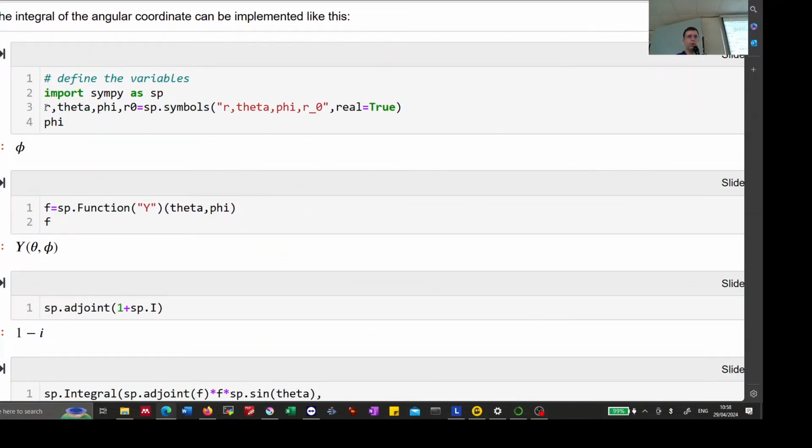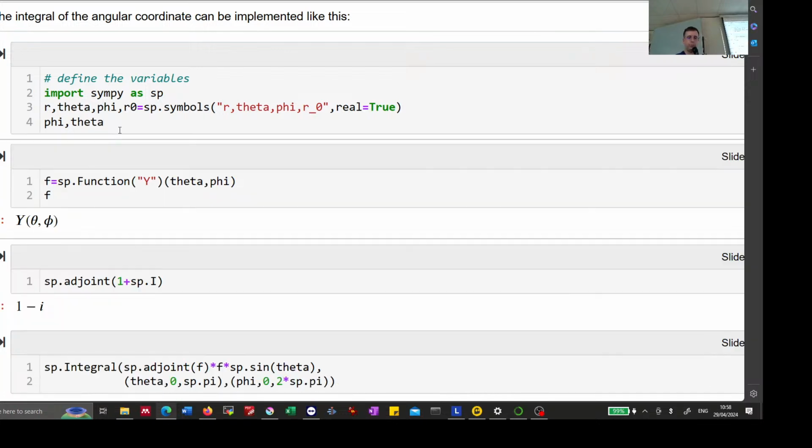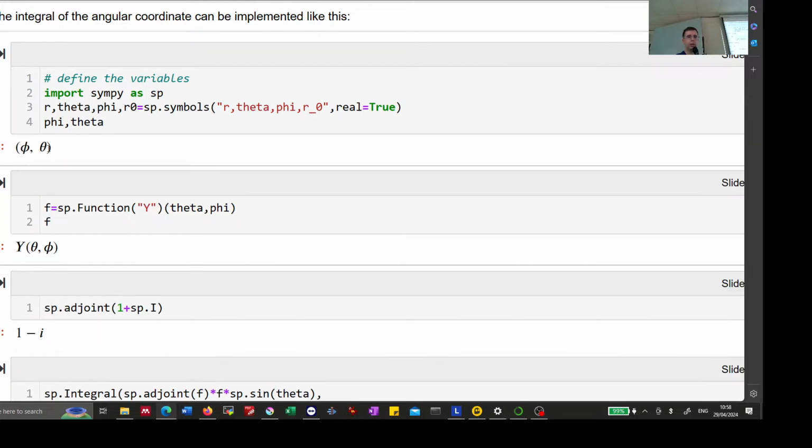So what do we do? We define symbols r, theta, phi, r0 through SymPy symbols, and they are real numbers, right? And then we can go and look at phi and theta because I always mix them up. So here we have phi and theta now, right? And then we define a function Y that depends on theta and phi.